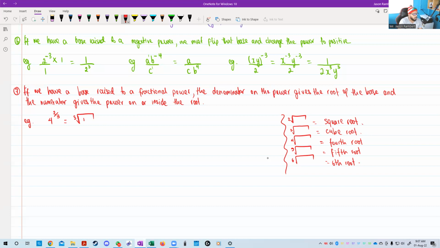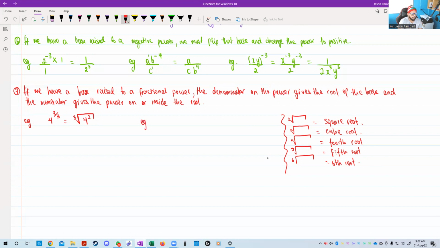Now the base will always go inside here, always. The power could either go here or here. Either or. What I like to recommend is to put your power inside of it. All right?